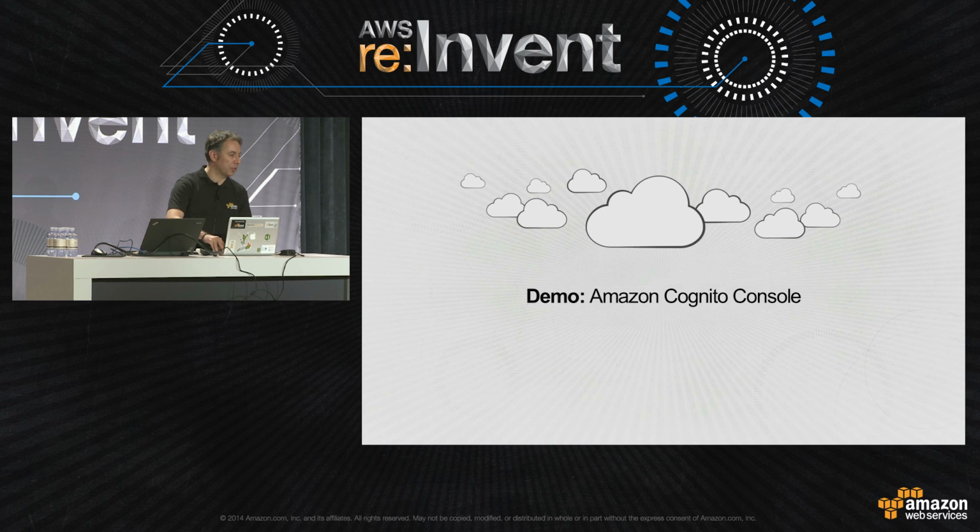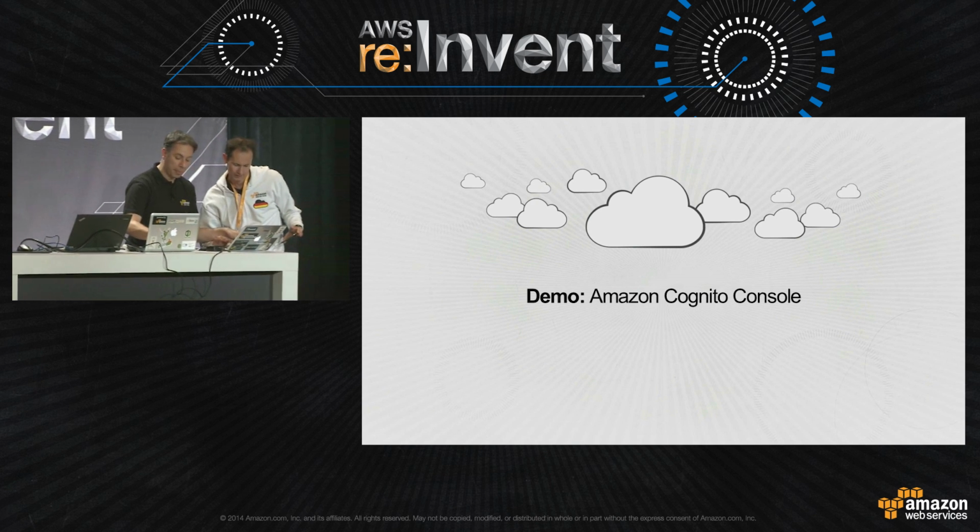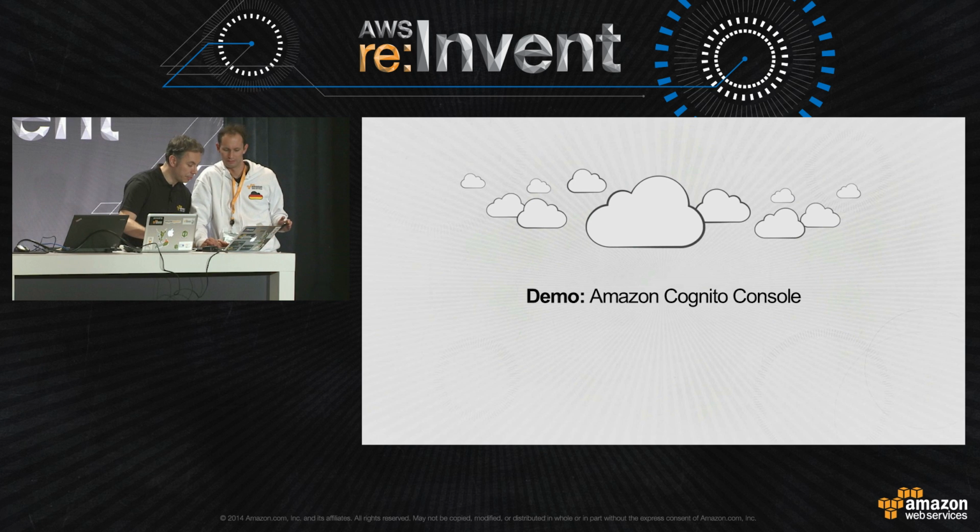Jan, maybe we can use your Mac for showing the console. No, for now I just want to show the web console. So. Problems have another signature. I will check that afterwards.